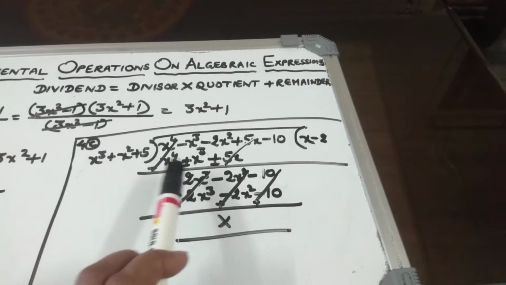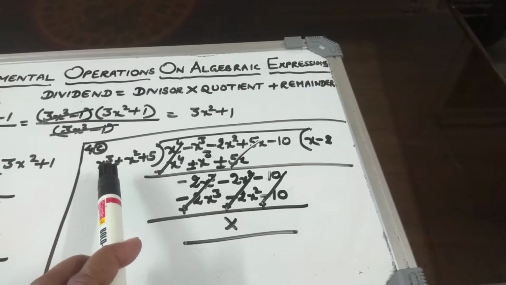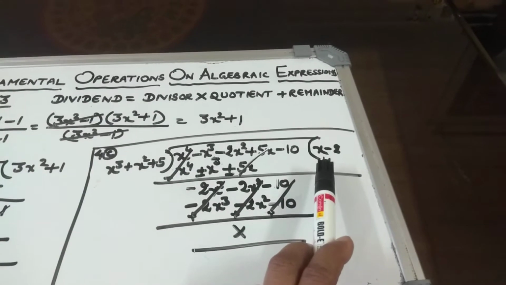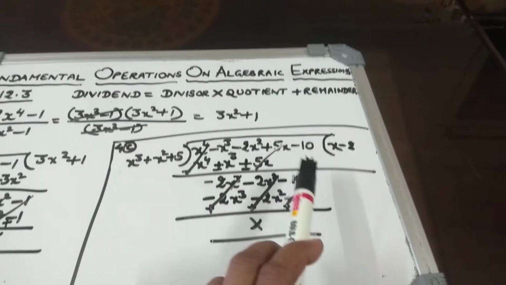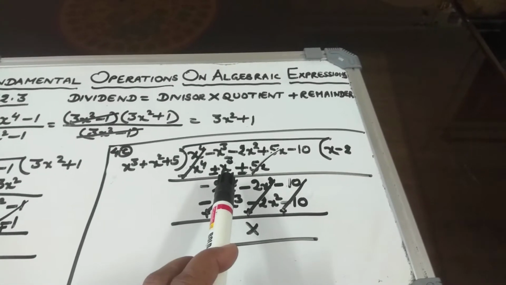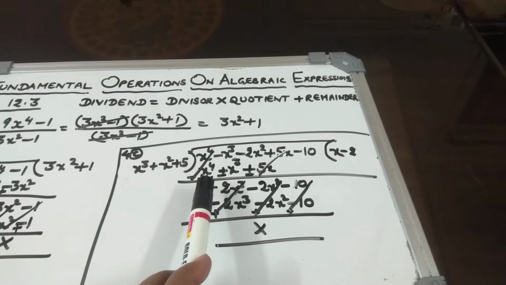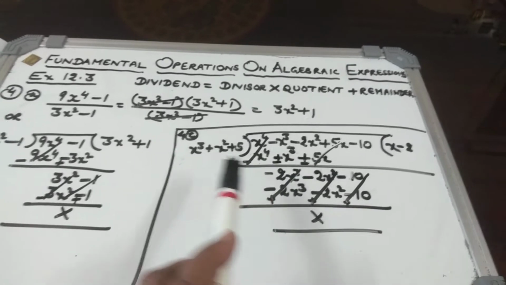Now how can you get x to the power 4 down from here? If you multiply this expression by x, so I am writing x here. Now x, mentally multiply x into 5, 5x, x into x square, x cube, x into x cube, x to the power 4. I hope this step is clear to you all.